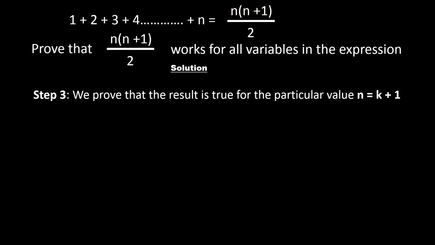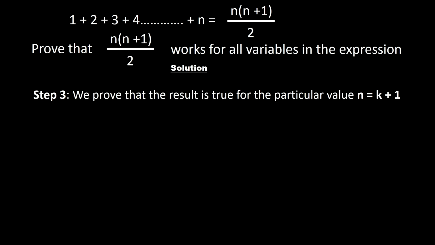So step 3 now, we prove that the result is true for the particular value n equals k plus 1. So even if we add one more value to n, we must still be sure that it is true. We must prove that it is true for that value.